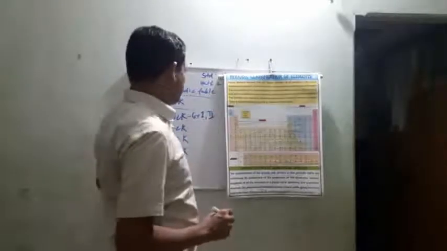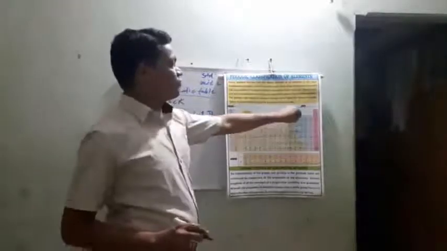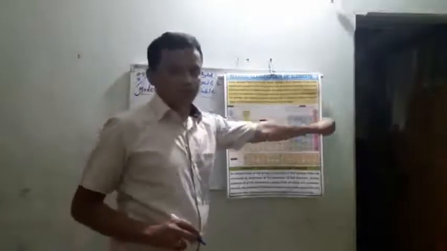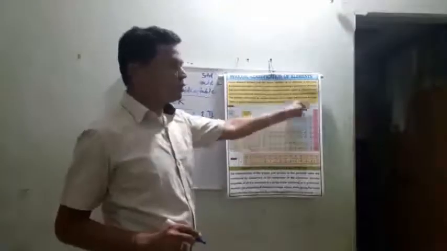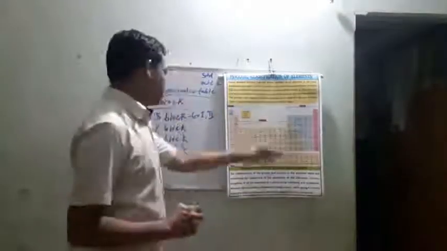Now the P block is from group 13 to group 18. All these elements are included in the P block, or P block elements.